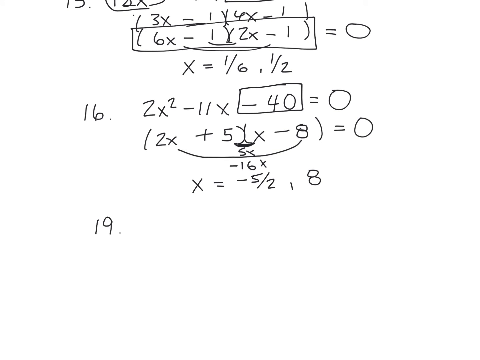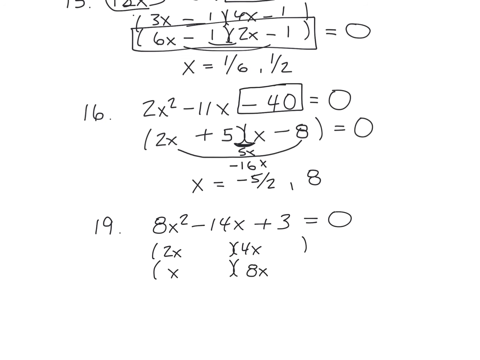Number 19, we've got 8x squared minus 14x plus 3. And again, the 8x squared, I could have 2x and 4x. I could potentially have x and 8x. Looking at this positive 3, again, this positive sign tells me they both have to be negative.